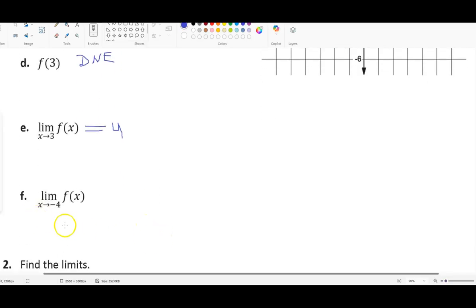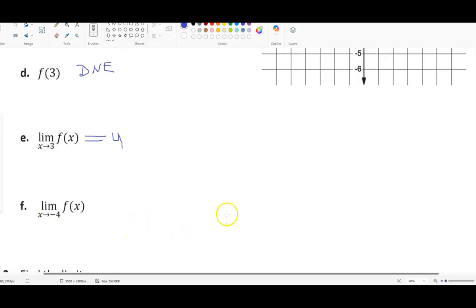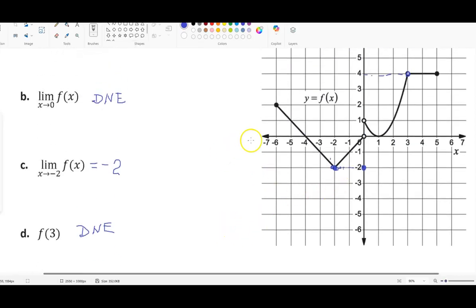Now, what is the limit as x approaches -4? Let's see what happens if x approaches -4 on the left. The graph approaches this point. And what happens if x approaches -4 on the right? The graph approaches this point again.